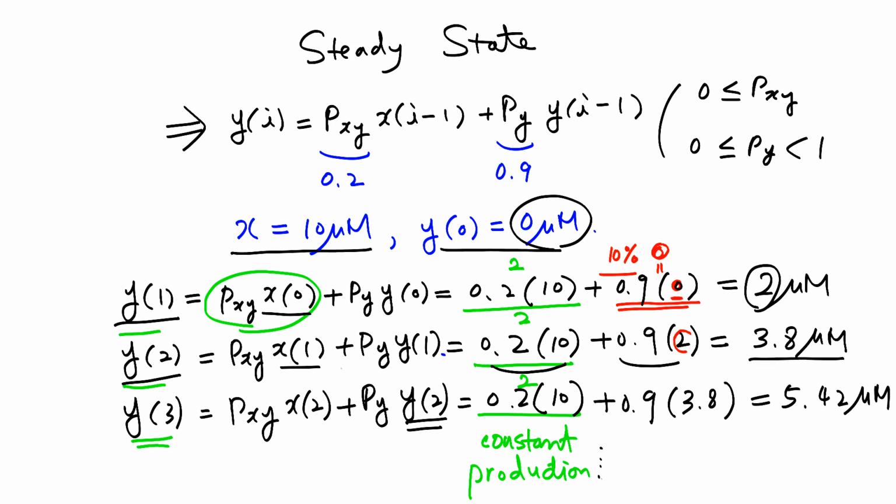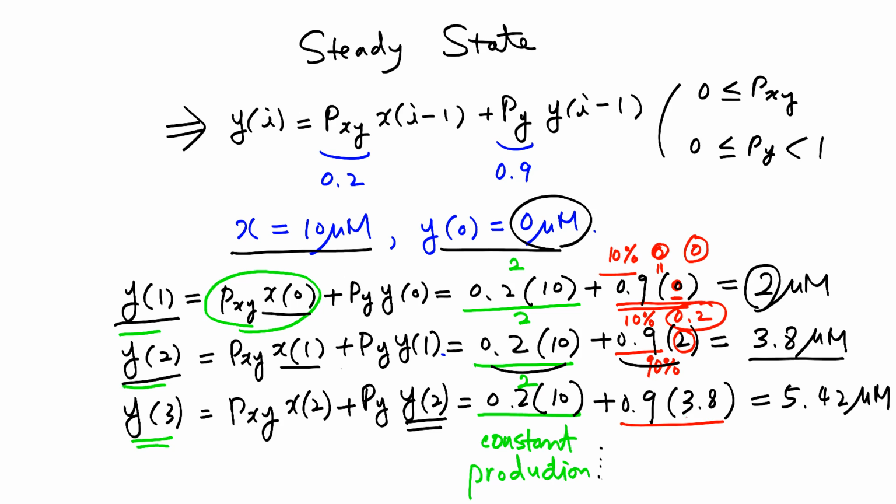This is your Y value and you multiply that by 0.9, which means that 90% will remain and 10% again will be removed or degraded. And what's 10% of 2? That's 0.2. Here, there's no degradation. Now we have 0.2 micromolar degraded.